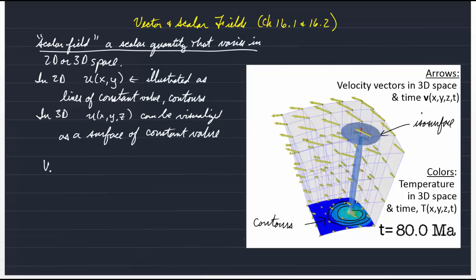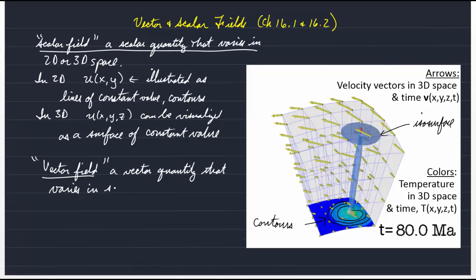A vector field involves a vector quantity that varies in space.